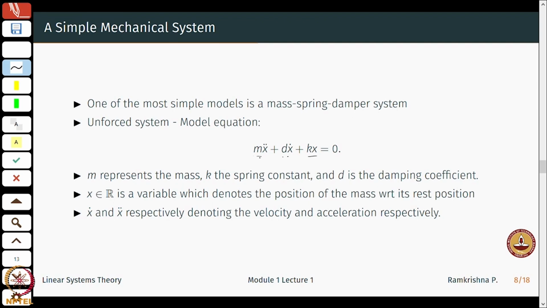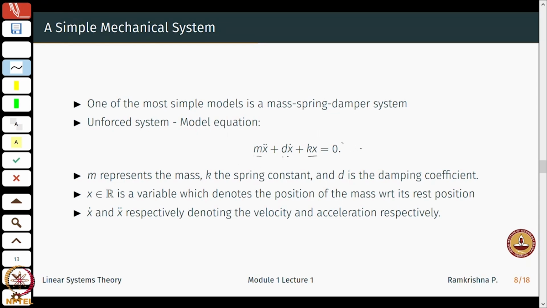So, m is a certain mass, k is a spring constant, d is a damping coefficient, and we are not looking at any external forces. I am just looking at a plain autonomous system with x being my position, x dot the velocity, and x double dot the acceleration, and applying basic Newton's laws would tell me that these are the dynamics of the system.